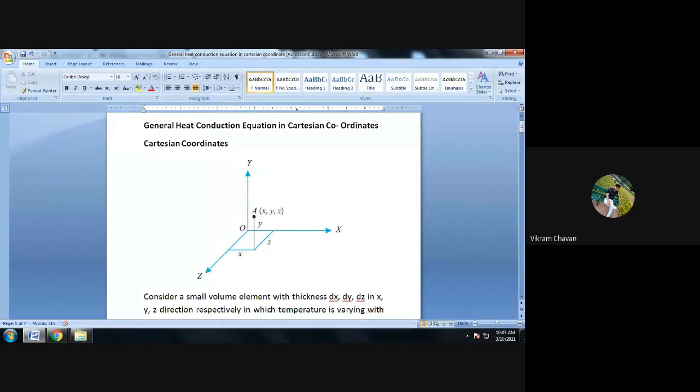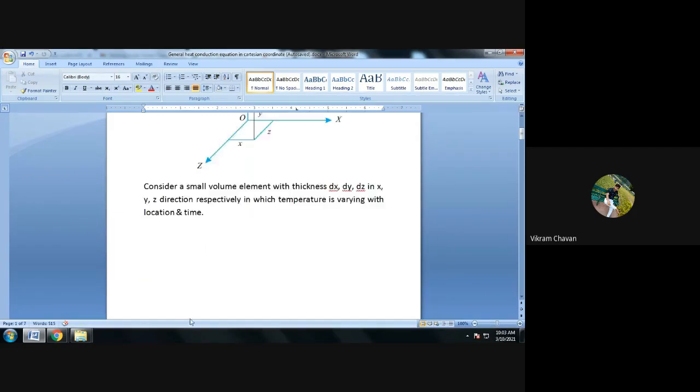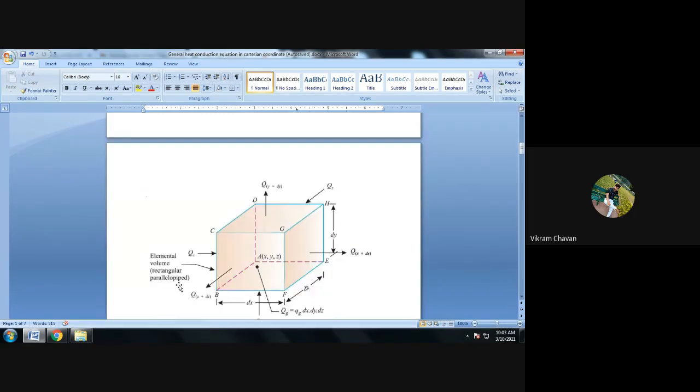In that, we have considered one parallelepiped having thickness dx, dy, dz in the x, y, z directions. A parallelepiped means having different thicknesses in different directions.